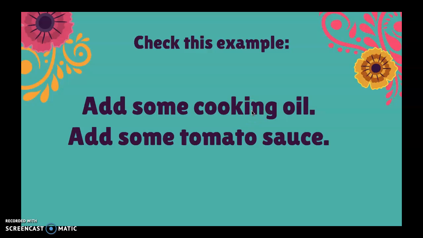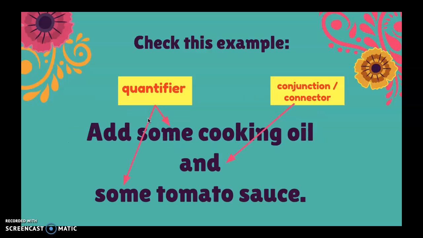is called an uncountable noun. Meaning, you cannot count cooking oil and you cannot count also tomato sauce. In fact, they are put in a container, right? So, instead of "a", we use "some". And "some" is not actually an article, okay? So, let's find out. Yes, the answer would be add some cooking oil and some tomato sauce. So we repeated again the quantifier "some" because we want to emphasize the cooking oil and the tomato sauce.